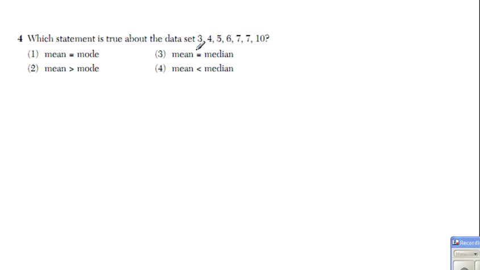Number 4. Here, this is median and mode questions. Here, when you look into that, 3, 4, 5, 3 numbers to the left, 3 numbers to the right. Therefore, 6 will be the median. Now, mode is the number that's most frequently coming out, which will be 7. Now, so here we realize that mode is greater than the median.